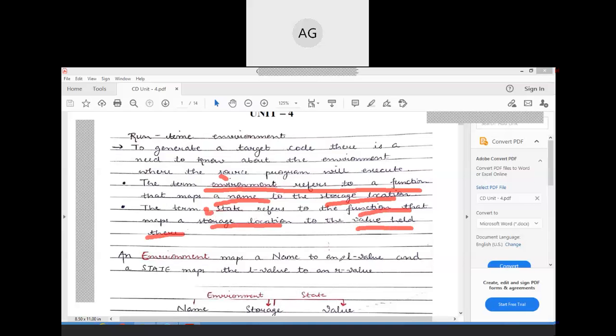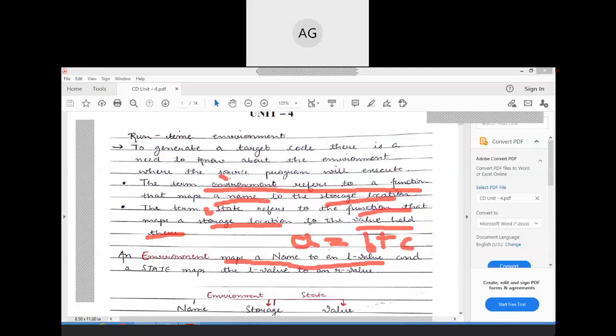As you can see on your screen, an environment maps a name to an L value, meaning the left hand value. As we are using a equal to b or a equal to b plus c, suppose this we are going to store.